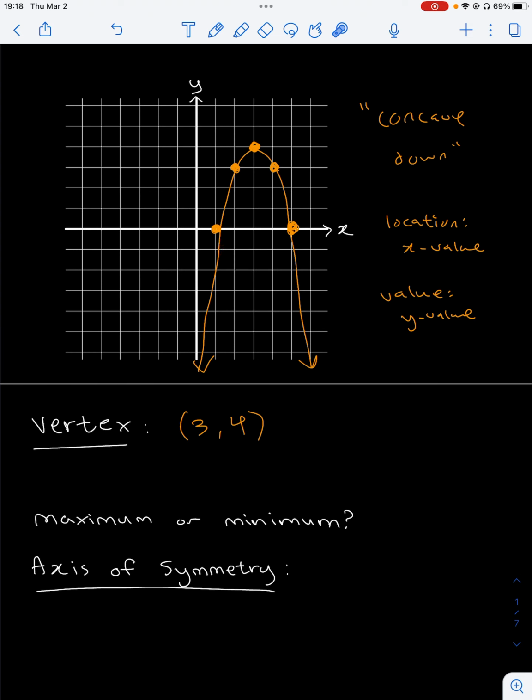This point, compared to the rest, is higher. It's at what we call a relative maximum, or here in this case, it would be an absolute maximum, because on the other side, it just keeps going down from there. This is the absolute highest point in the graph. So here, this will be a maximum for this graph.